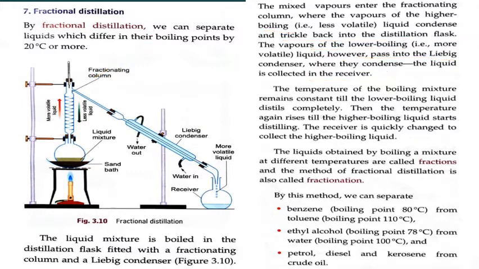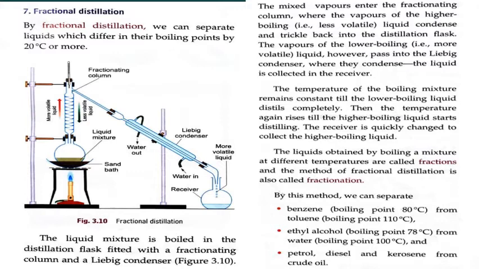So as we have seen earlier in the starting, that they were saying in this we are having two liquids and they are having a difference between boiling points of 20 degrees Celsius or more. So the two liquids, when we put them in a distillation flask, right, they start boiling. Firstly, a particular temperature is achieved in that distillation flask, and it means that the lower boiling point is achieved first, right?